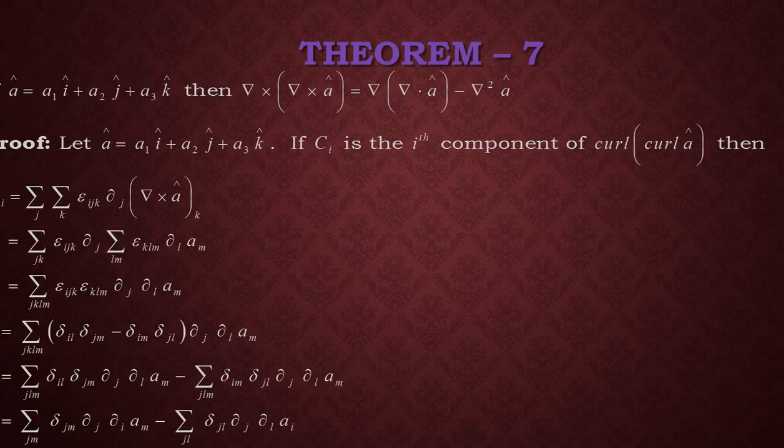Now we multiply all the terms here. Then we obtain C_i equals summation over j, l, m of delta_il delta_jm ∂_j ∂_l a_m minus summation over j, l, m of delta_im delta_jl ∂_j ∂_l a_m.